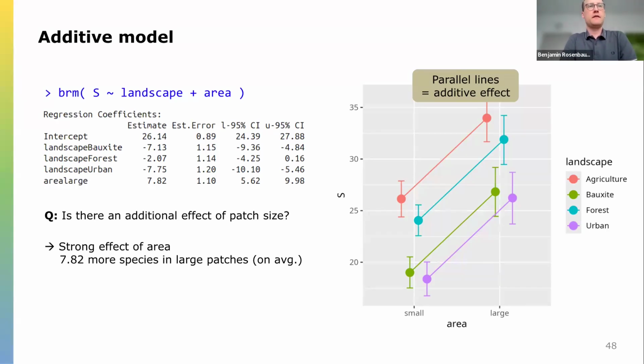And now you get effects either for differences in landscape or for the difference in area. However, there is no interaction. And therefore here all the lines, so all the area effects, are parallel. So you would fit this model if you have the question, is there an additional effect of patch size?